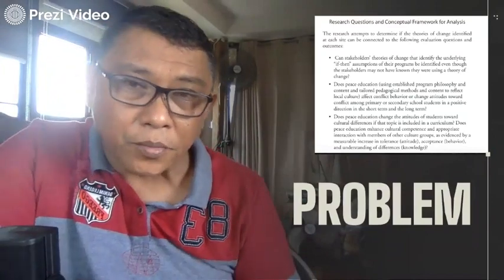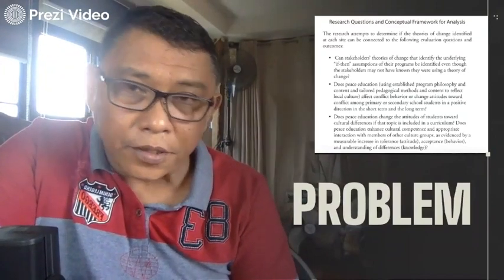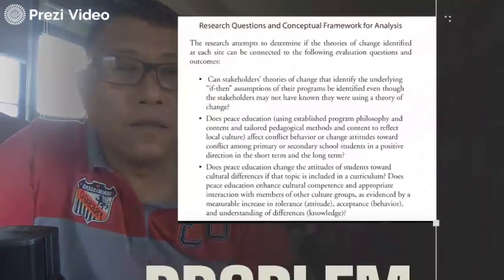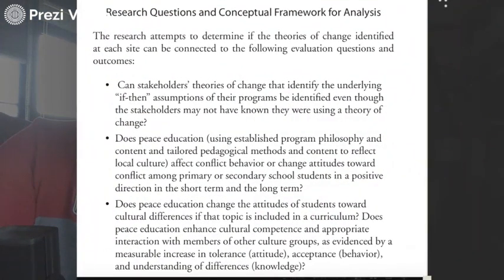And these are the research problems of that particular research. Look at the research problems, questions, and the conceptual framework. Can stakeholders' heuristic chains that identify the underlying if-then assumptions of the programs be identified even though the stakeholders may not have known they were using a theory of change?